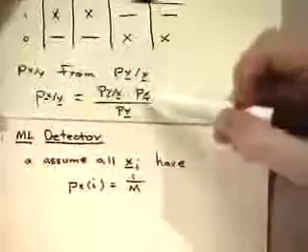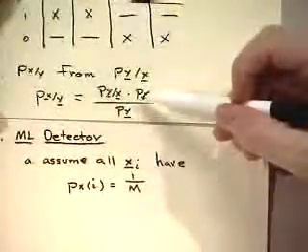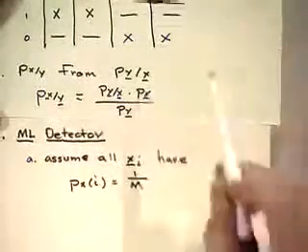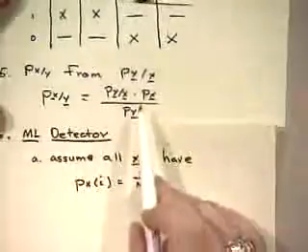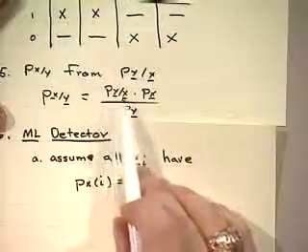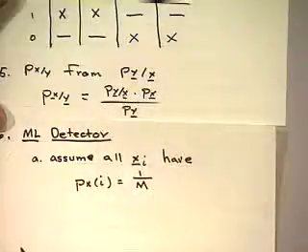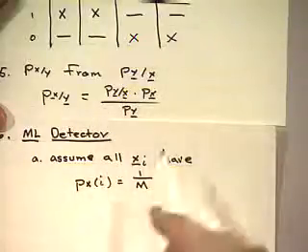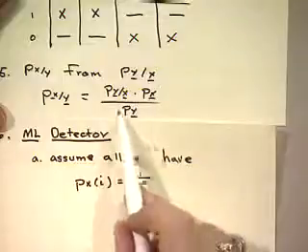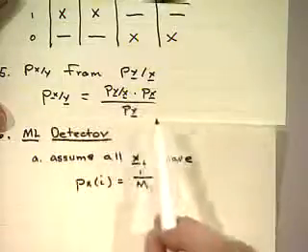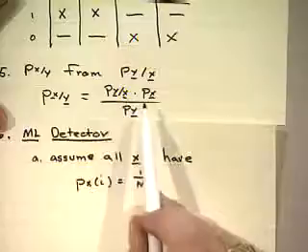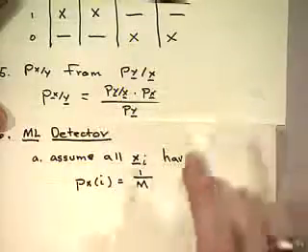So if all the messages are equally likely, what happens in this particular rule that we're looking at? I'm going to maximize this expression over x. Well, x only occurs in the numerator. I could virtually ignore the denominator because that's just a function of the received value y. It would be the same for all values of x.